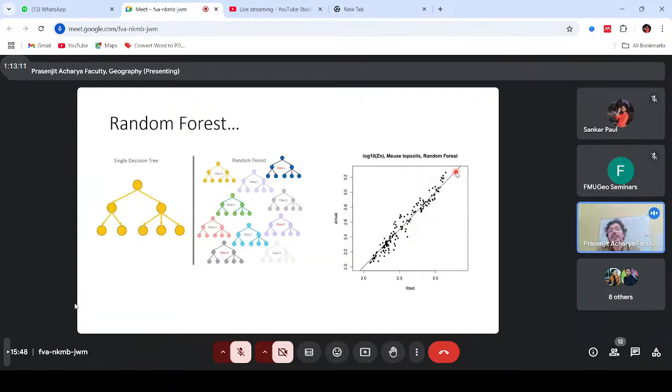There is a slight difference in the outcome of the machine learning random forest and the classification regression tree. When it gives you the outcome of the classification, each tree will give you the majority votes.